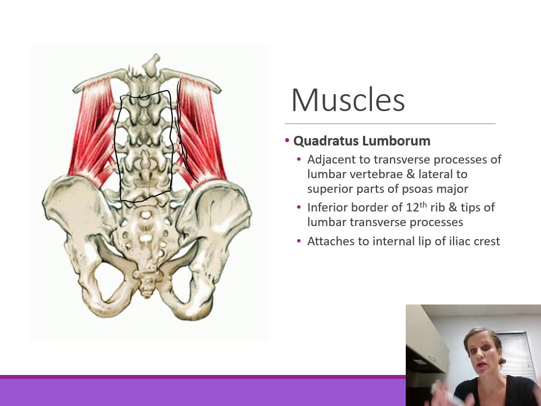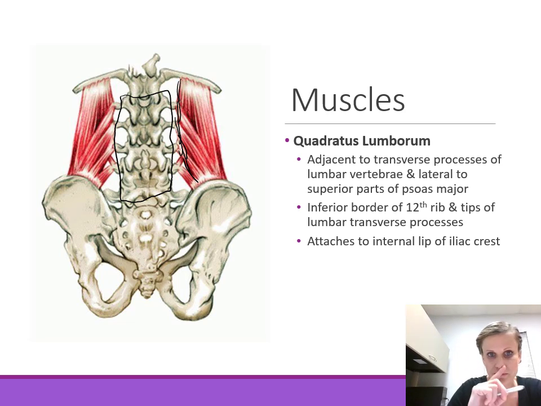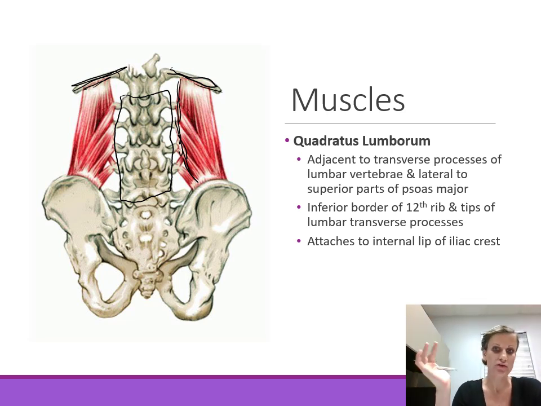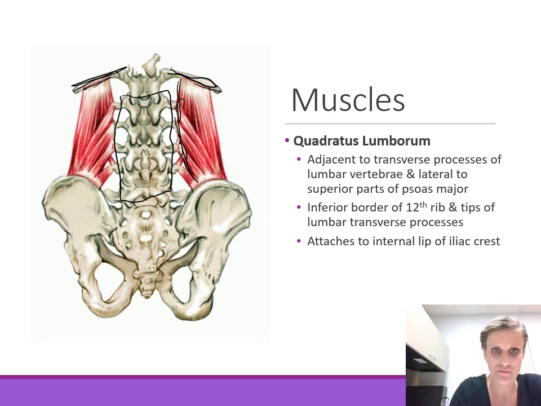So it's also located just lateral to the top portions of the psoas major. It's connected to the inferior border of the 12th rib. So you can see the 12th ribs right here, and you can see it connecting to the inferior border. And then also to the very tips, those lateral tips of the transverse processes of the lumbar vertebrae.